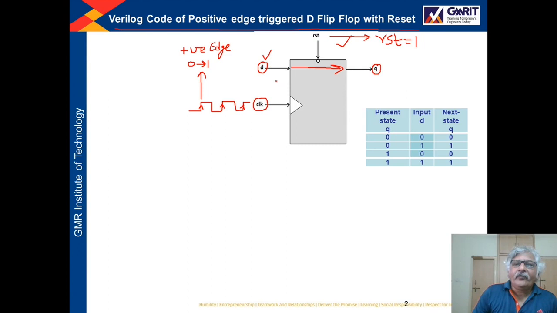Now if at any point of time this reset becomes 0, then the Q output will also become 0, right?